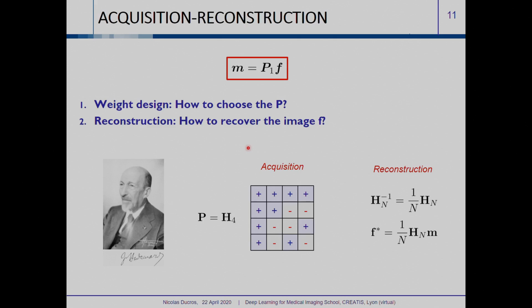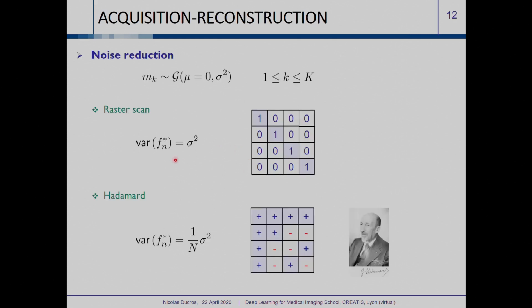The solution is provided by the so-called Hadamard matrix. Those matrices have only 1 and -1 entries, and they provide the best way to acquire and reconstruct an image, best in the sense of the best signal-to-noise ratio.